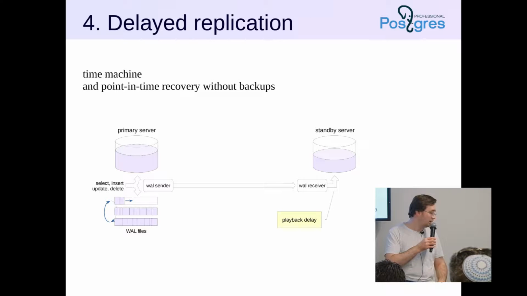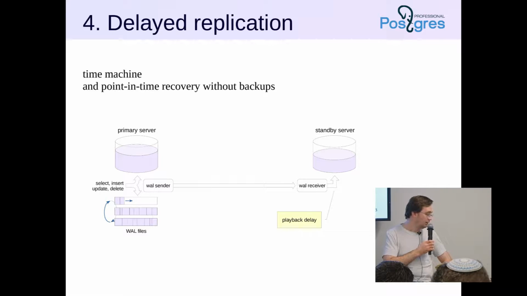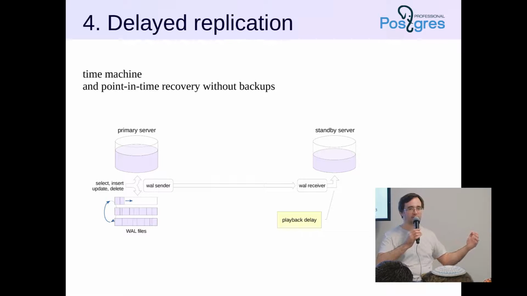Well, an interesting feature: you can use delayed replication. You can set up a replay delay in your recovery.conf file. In this case, the standby server will collect WAL records, but it won't replay them until this time.